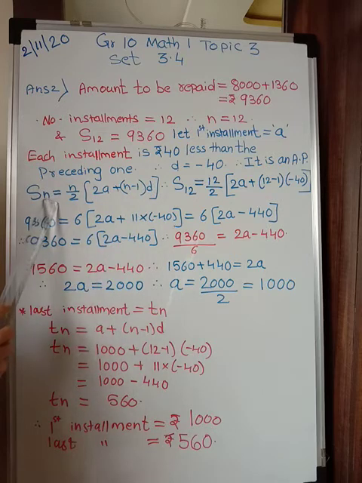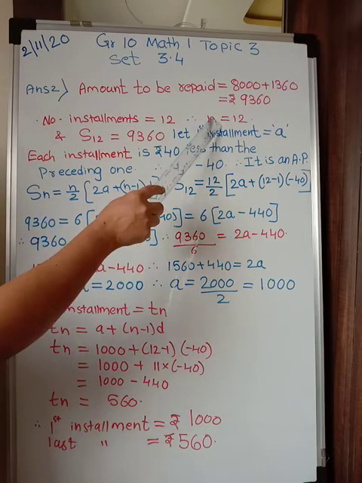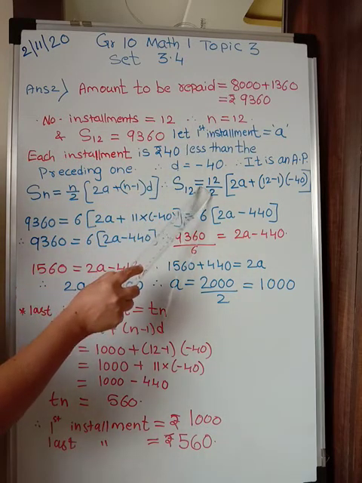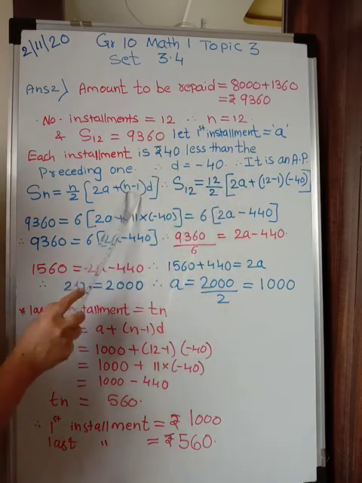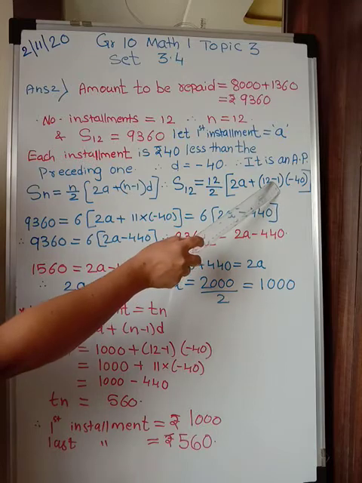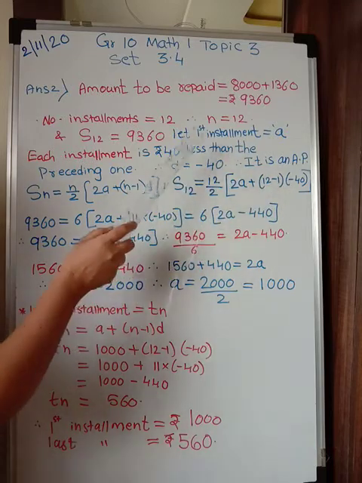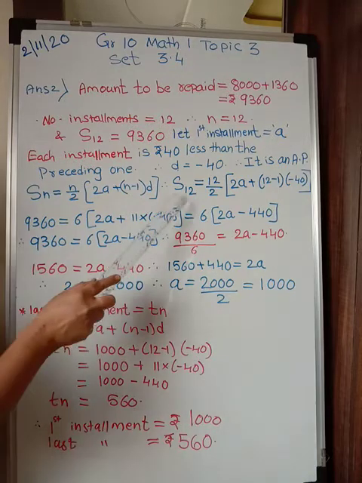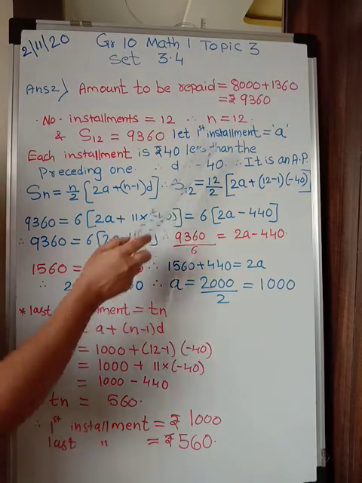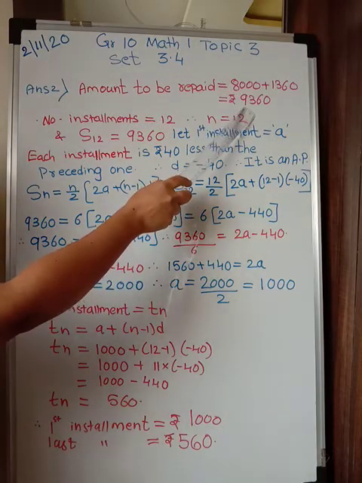Now, how many installments are there? n is equal to 12. So, I am writing S12 is equal to 12 by 2 in bracket 2a plus, how much is n? 12. 12 minus 1 into d, d is equal to minus 40. Now, what is sum of all the installments? It comes out to be 9,360.